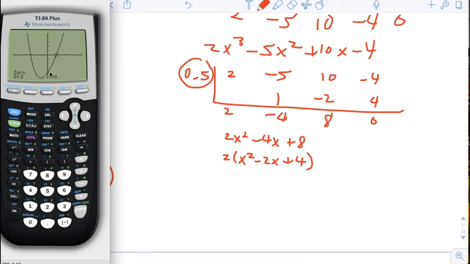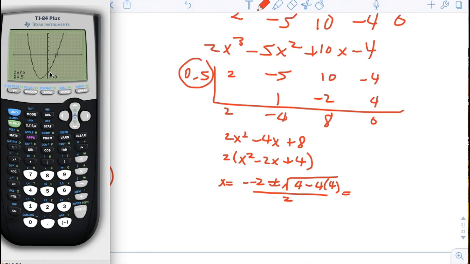So let's go ahead and use the quadratic formula. Negative b, negative negative 2, plus or minus the square root of b squared, which is 4, minus 4 times a times c, all over 2.